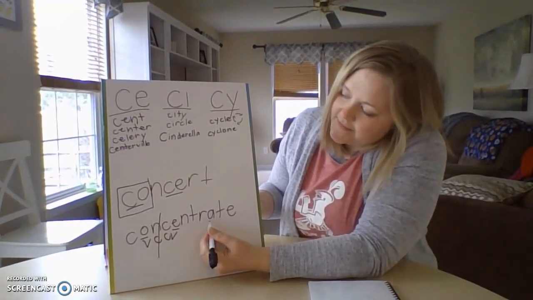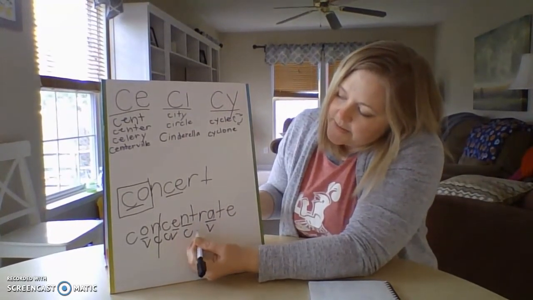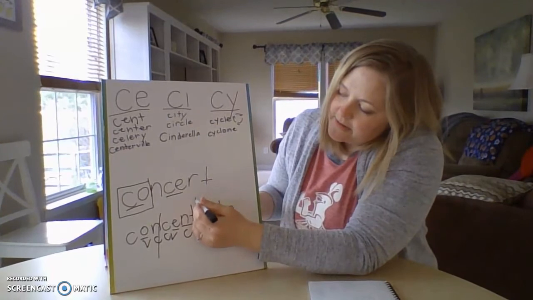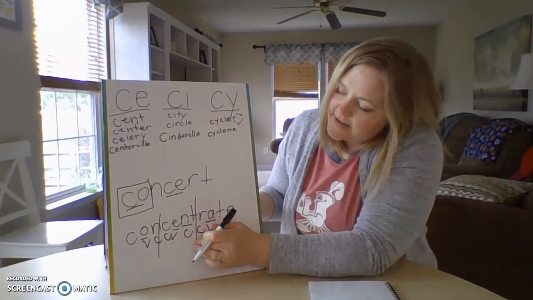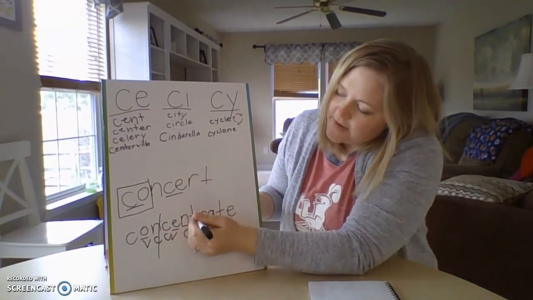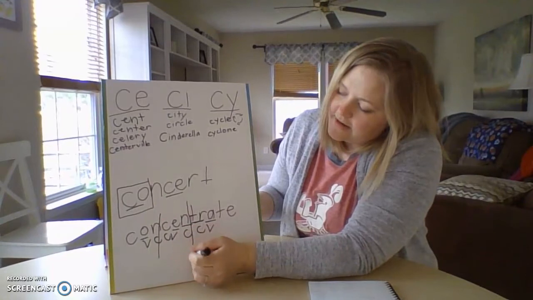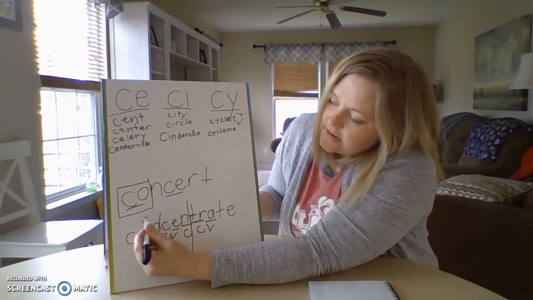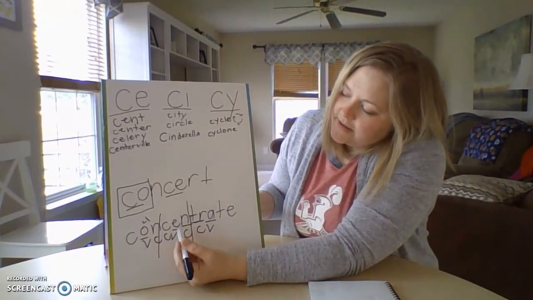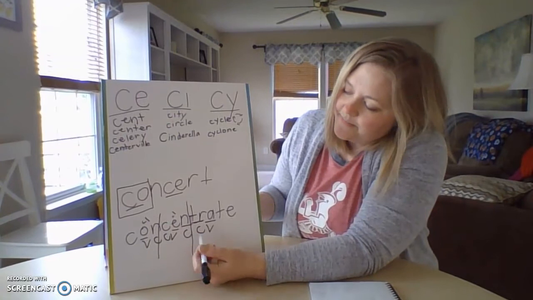Find my next vowel. This is going to be a blend, so I'm going to label my consonants in the middle, split down the middle. Here's my blend, my TR. And I'm going to go back and label my vowels. This O is closed. This one is closed, but we know that it's the soft C.